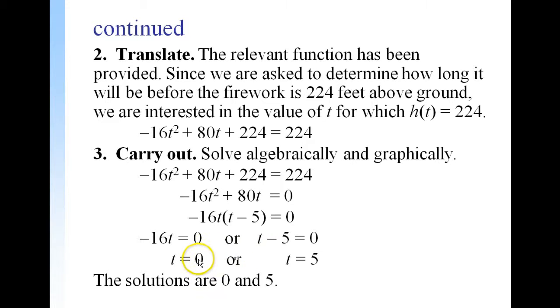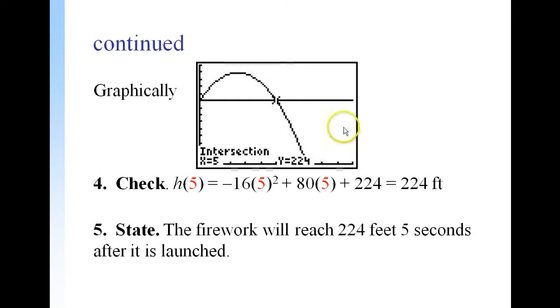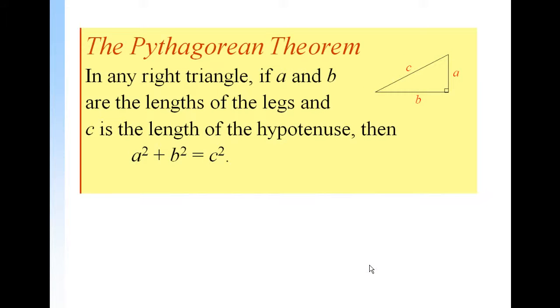That's where we started, actually. That was our y-intercept. And then we get 5 seconds. So our diagram matched out pretty well. And that's what we said when we checked it. And that one works.